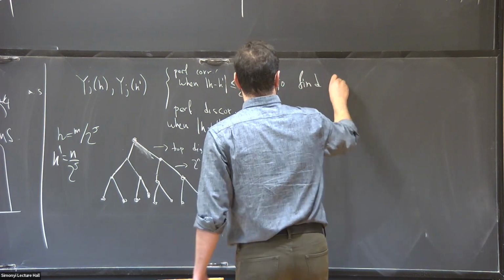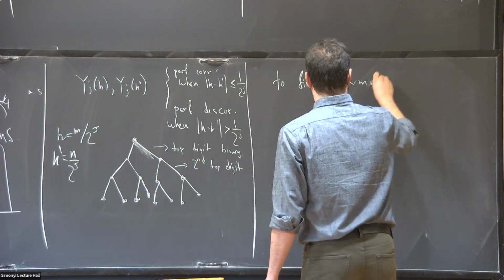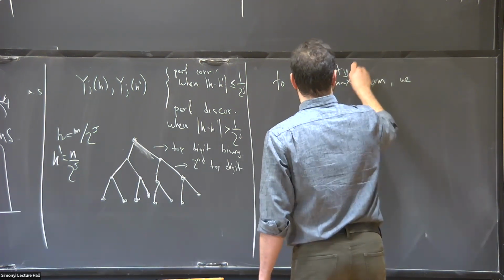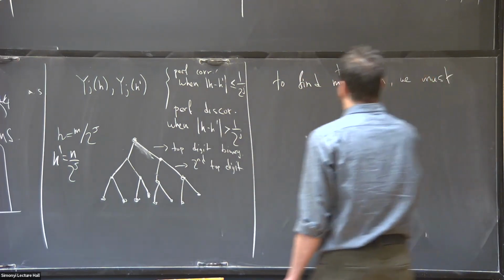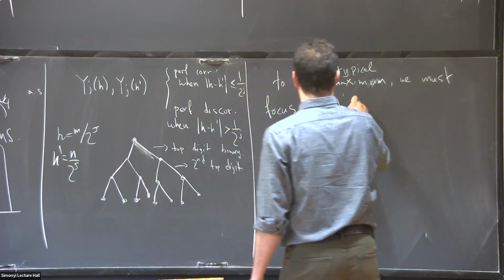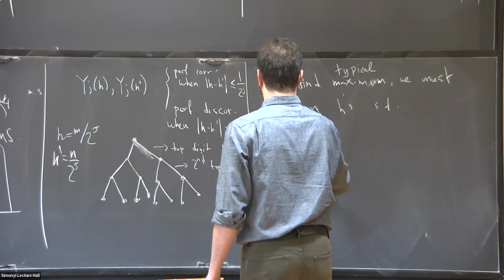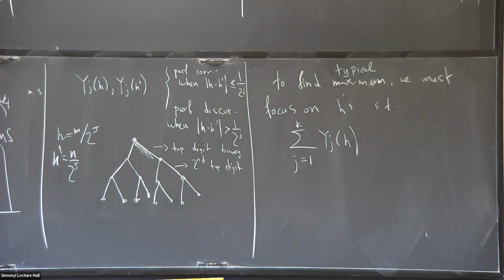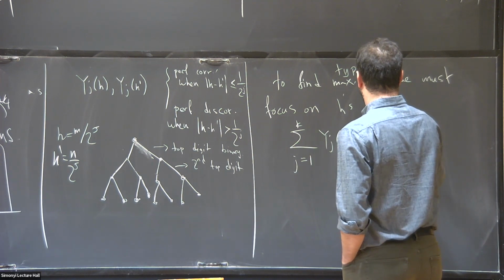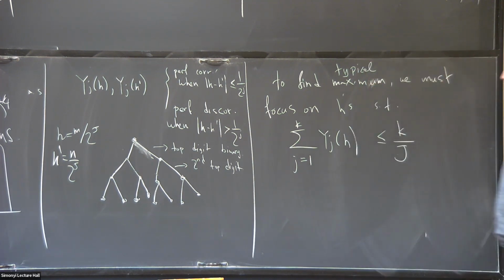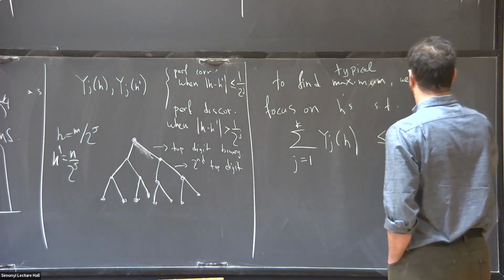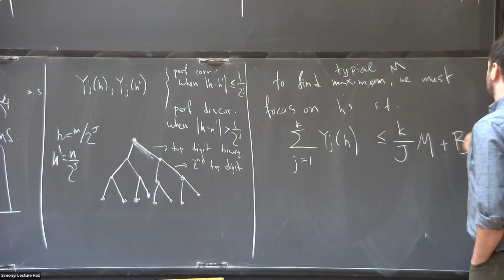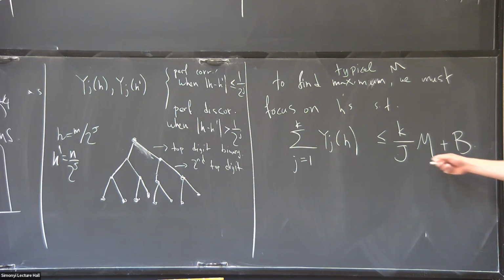To find the typical maximum, we must focus on h's such that, when you look at, let's say, what happens up to K steps, these are independent things, and their variance should grow linearly in J or in K. And maybe the target is M, so this would be maybe M plus B. So what happens is, if you want to reach maximum M, all the way you have to stay below this linear barrier.